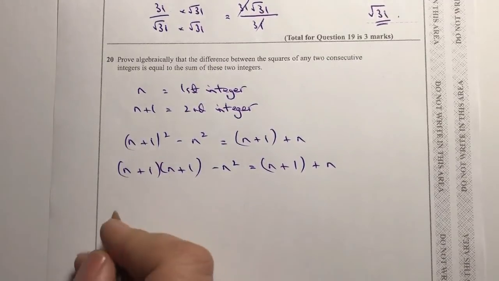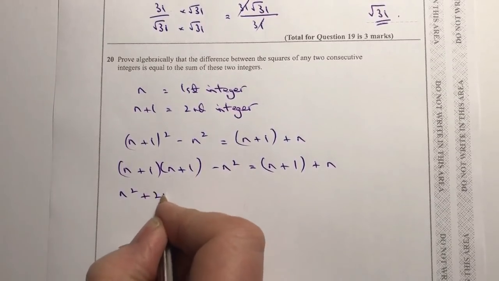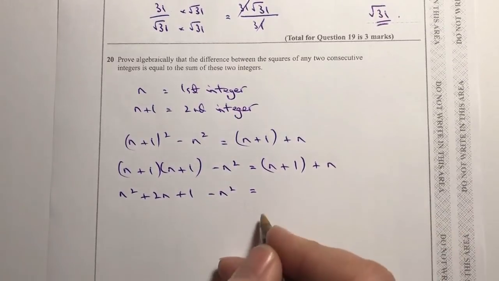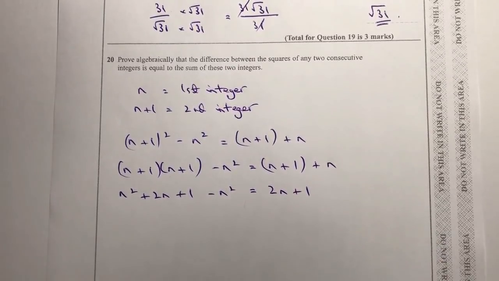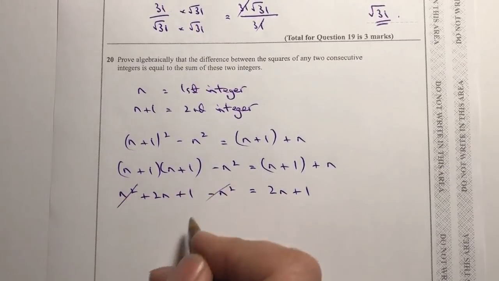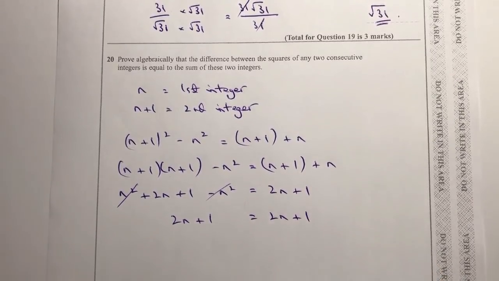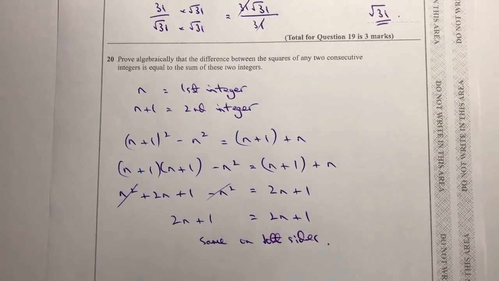I've got n times n is n squared, plus 1n is plus 2n plus 1, minus n squared, equals n plus n is 2n plus 1. So if we look at that now, I've got this n squared and minus n squared, so I can get rid of those, and what I've got is 2n plus 1 equals 2n plus 1. Therefore, it's proven algebraically that it is the same on both sides. If it's the same on both sides, then it must be true.